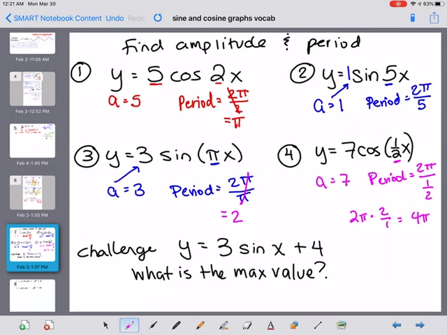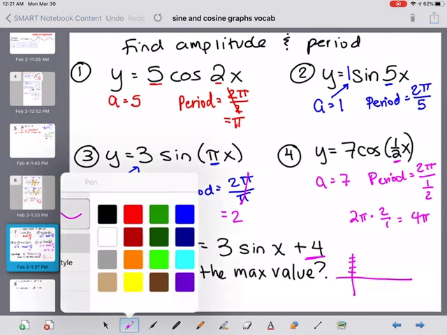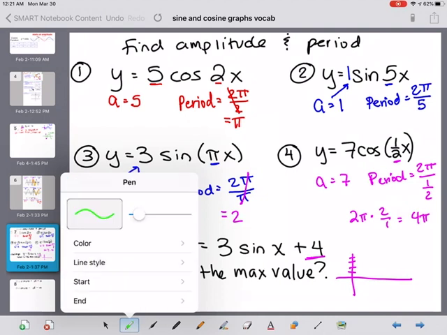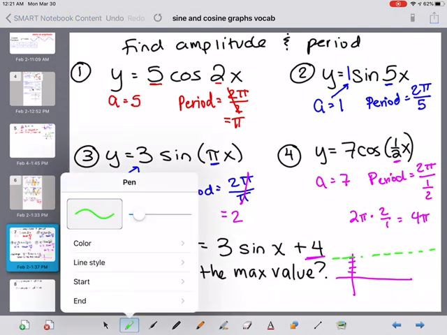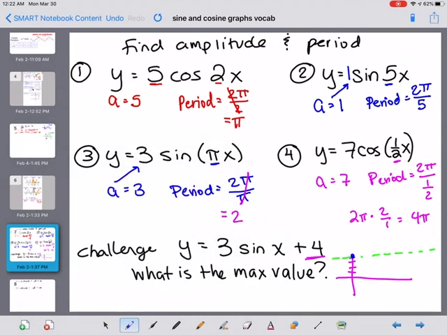If you want to figure this one out, you think, what would be the max value? Well, I start by thinking, where's the midline? Midline's at 4. So if you picture the graph, 1, 2, 3, 4, there would be a line going across right here. Then from there, since this is sine, we would start right here and make our first point. 1, 2, 3, 4.